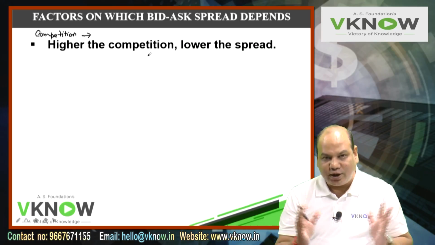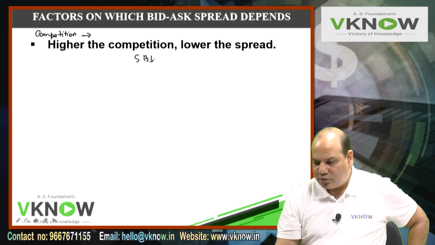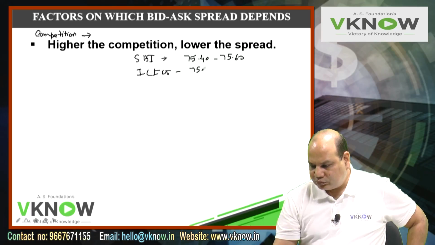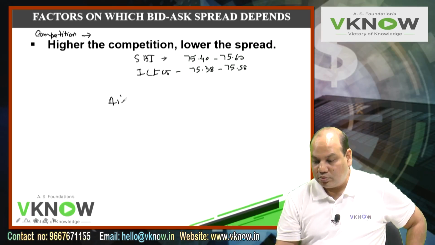So the spread will be lower. Maybe SBI is quoting 75.40 buying rate and 75.60 selling rate. ICICI Bank will quote 75.38, 75.58. This way.